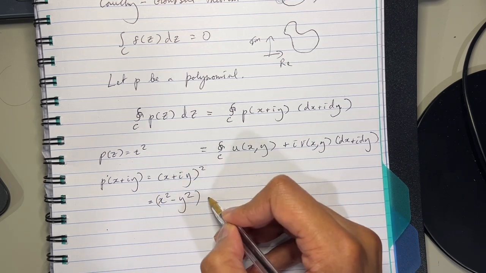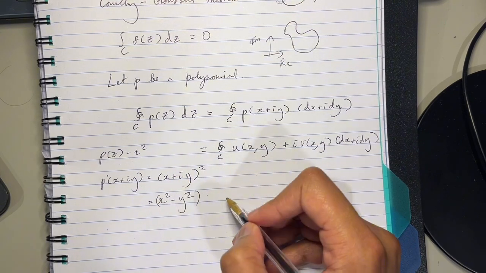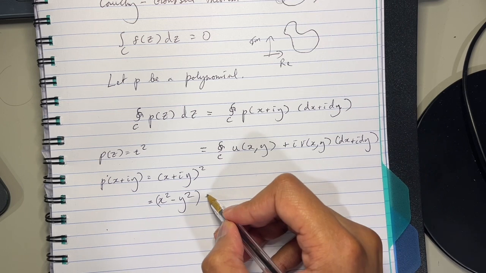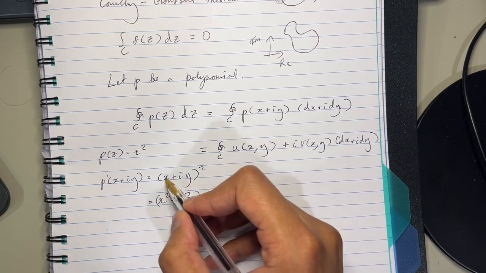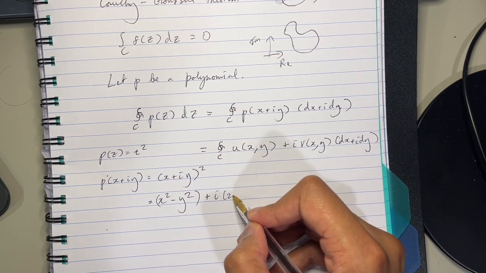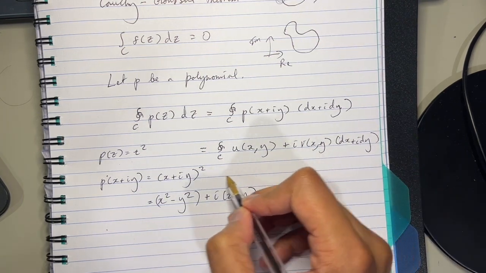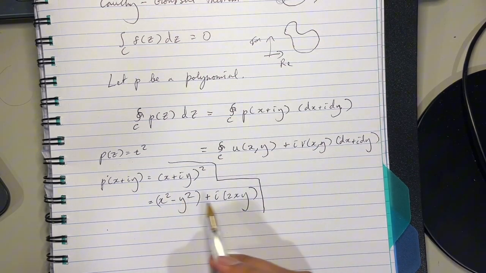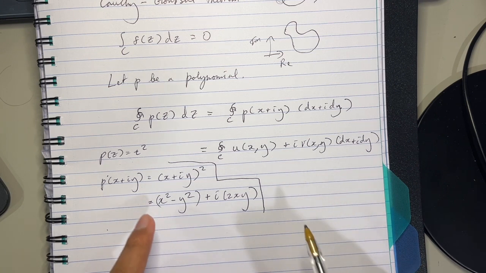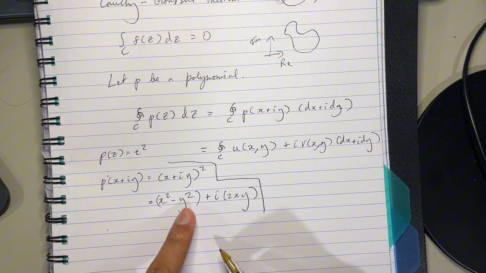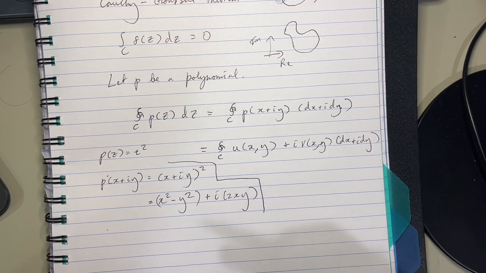Then we have this cross term, which is plus i times 2xy, and which would be v. So let's carry on. And you can see these are polynomials in x and y. It means if you suppose one of these was a constant, so either x or y is constant, then it becomes an ordinary polynomial.